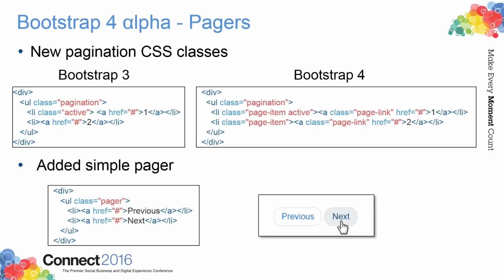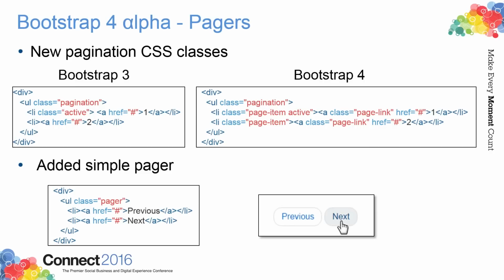So some other changes to be aware of in Bootstrap 4. The pagers have been changed around somewhat. In Bootstrap 3, defining your pagers was quite simple. You would just put the pagination class on your UL element in your HTML, and it would handle all of that magically for you and develop a nice pager in Bootstrap style.